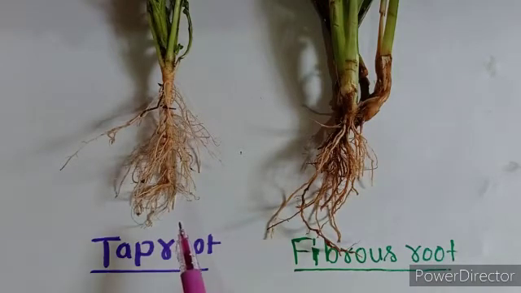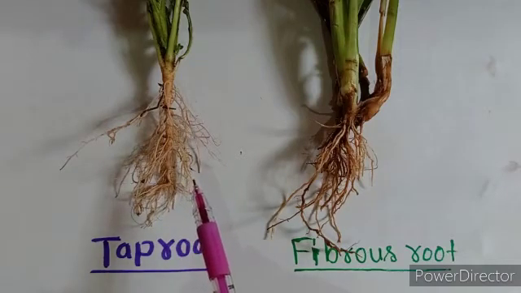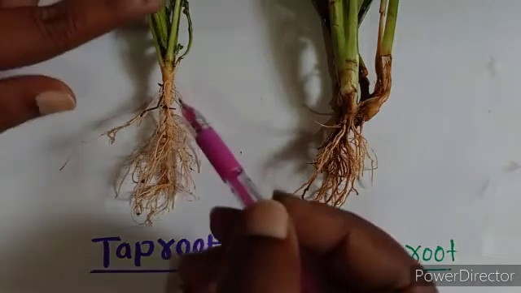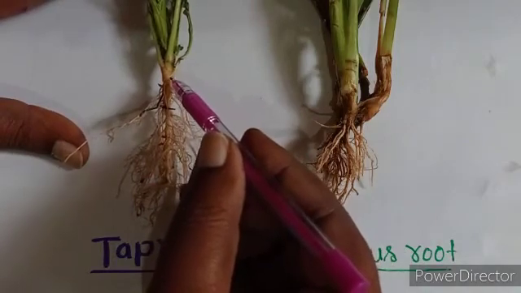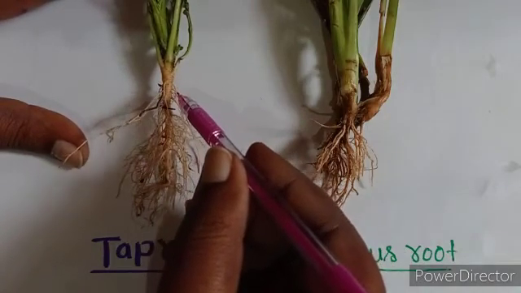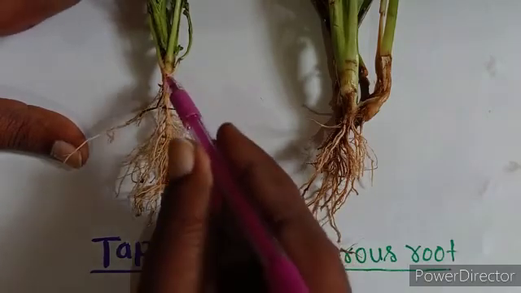Some plants have a main thick root that grows from the bottom end of the stem. All of you see here. This is the bottom end of the stem. There will be a thick root that grows from the bottom end.